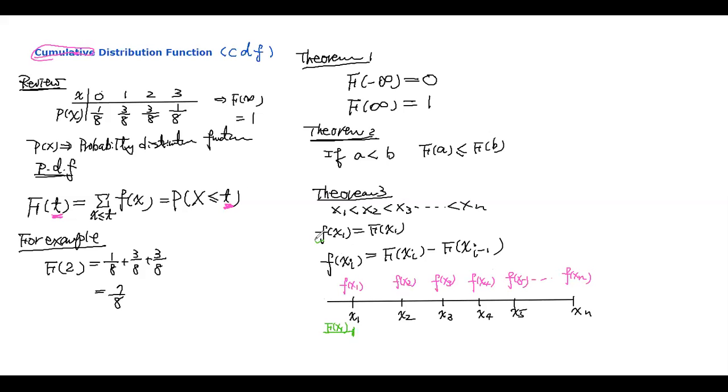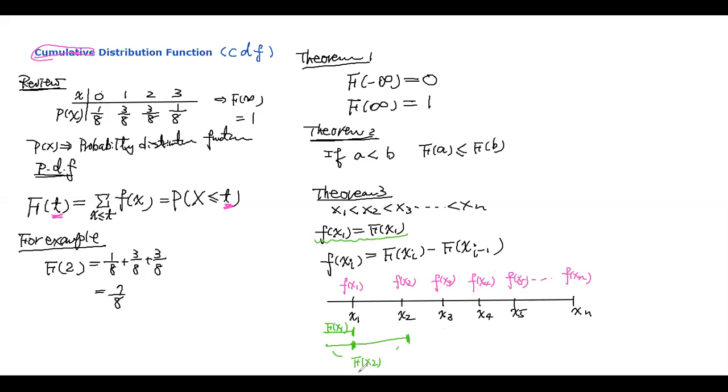That's why this tells you lowercase f of x1 is equal to uppercase F of x1. Now, what is F of x2? That means I'm cumulative, right? I accumulate from here all the way to here, so I have this and this. This thing here is F of x2, right?